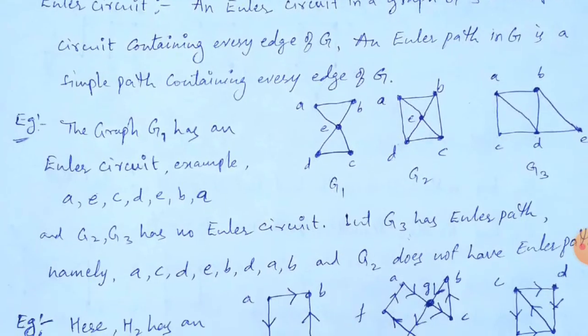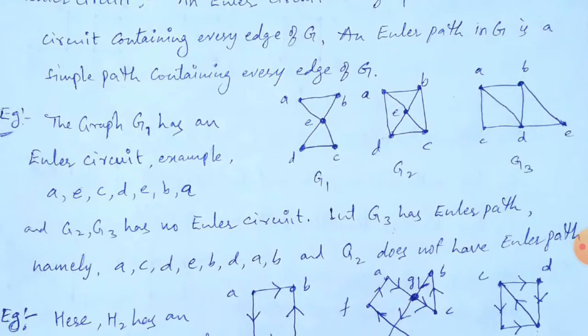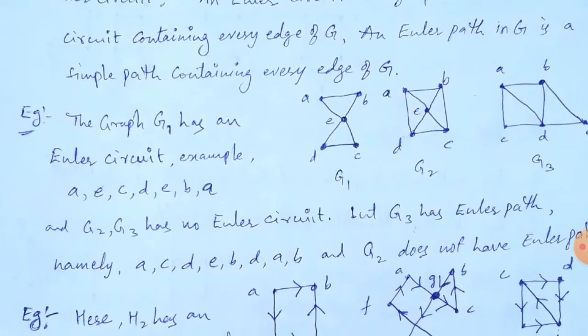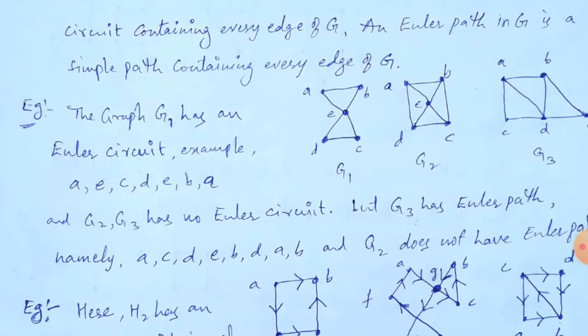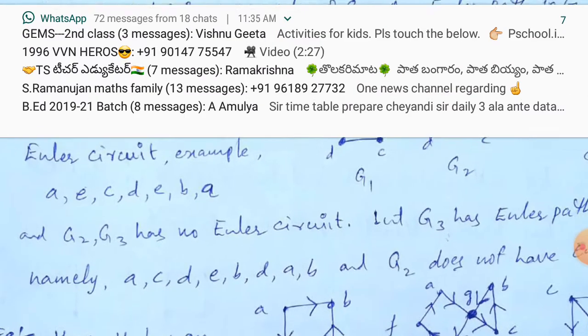Now we will take an example. Here G1, G2, G3, three graphs are given. Observe graph G1 first, it has an Euler circuit. For example: A, E, C, D, E, B, A. You are taking it like that.